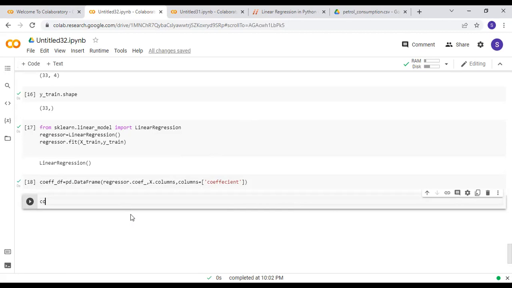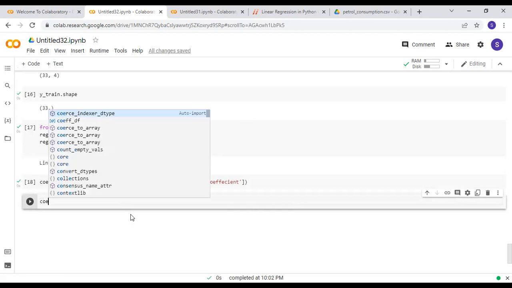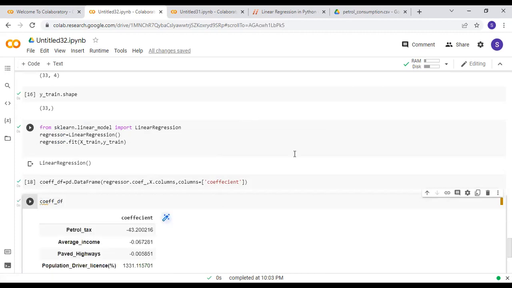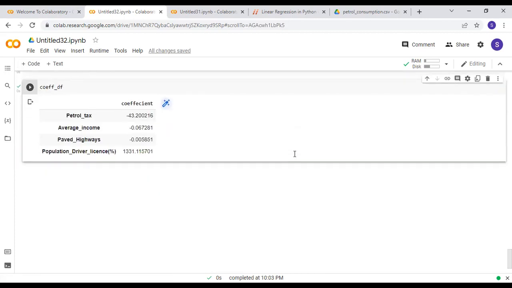Coefficient of this multiple regression. So these are the coefficients of the multiple regression. These are basically the predictor values, and these are all the beta values corresponding to the predictors.